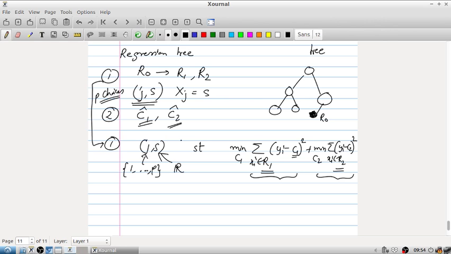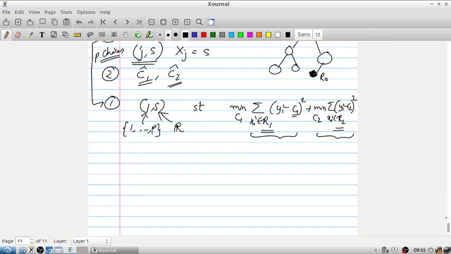No, the yi's are all your training data. These are the yi's corresponding to the xi's which fall in that region. So we are just saying, if I split my R0 into R1 and R2, I just want to know what the squared loss is on each side.